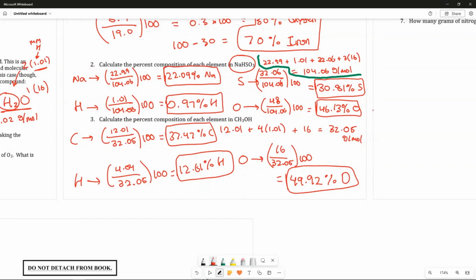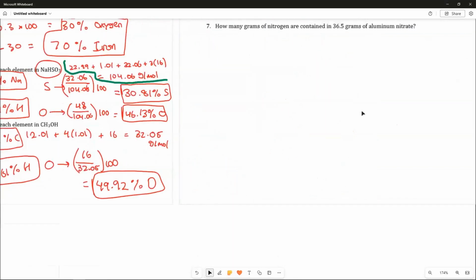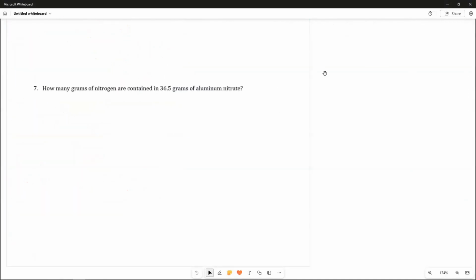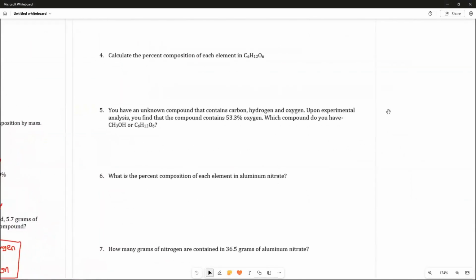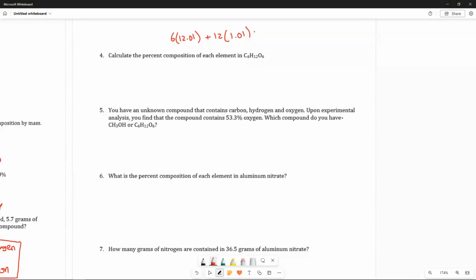Alright, moving on. Calculate the percent composition of each element in C6H12O6. Same deal with the previous questions. It's just repetitive. So let's calculate the molar mass of that. This time we have 6 of the carbon. Each carbon's 12.01 grams per mole based on your periodic table. Plus 12 hydrogens, each hydrogen is 1.01.